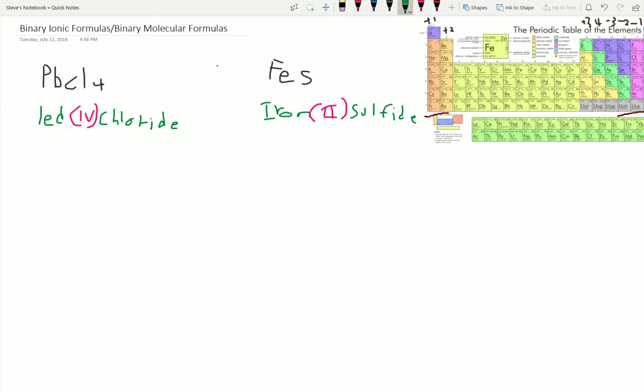But over here, the sulfur doesn't have anything, yet the iron is 2. This is because this is a charge, and so sulfur, even though it doesn't have anything, still has a charge of 2 negative. So our iron must balance it out. Instead of having more than one iron, it gets a charge of 2 plus, balancing out the equation. So the charge is 2 plus, and you write it in the name.